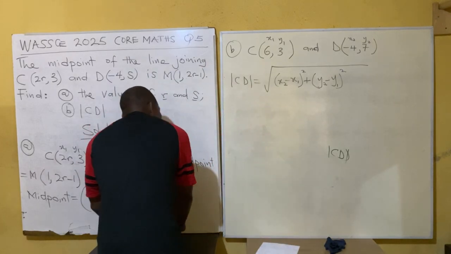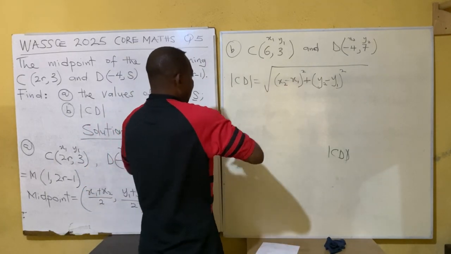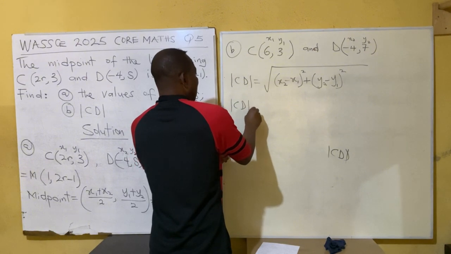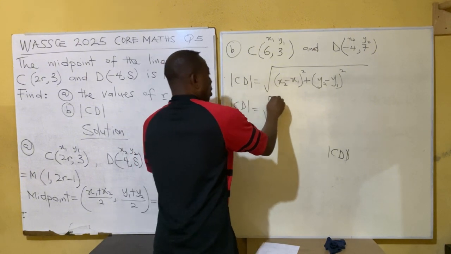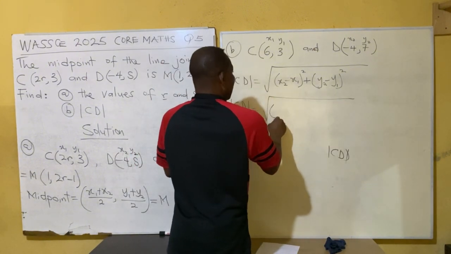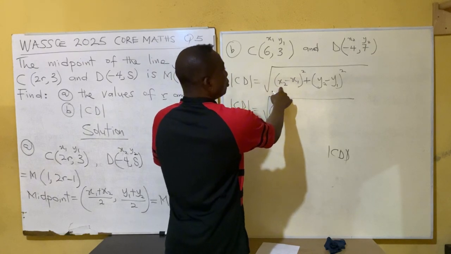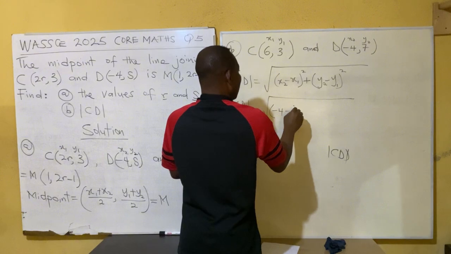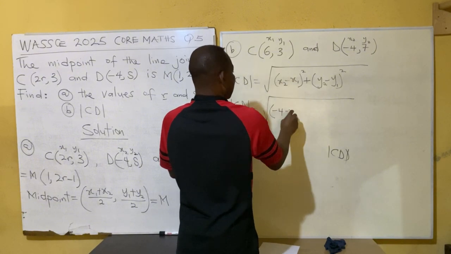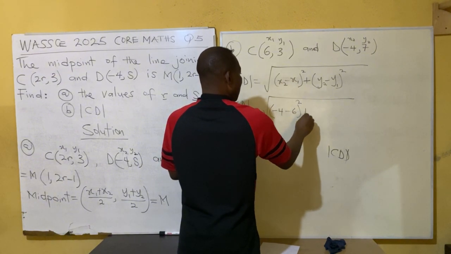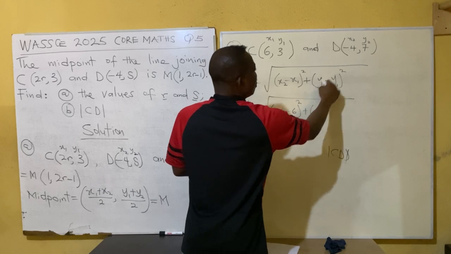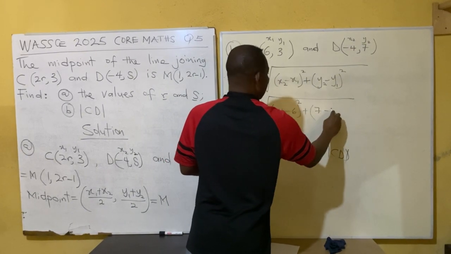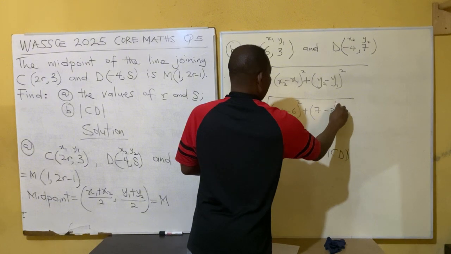These must be in order. So the magnitude CD is equal to the square root of, what is x2? x2 is -4 minus x1, which is 6, all squared, plus y2, which is 7, minus y1, which is 3, squared.